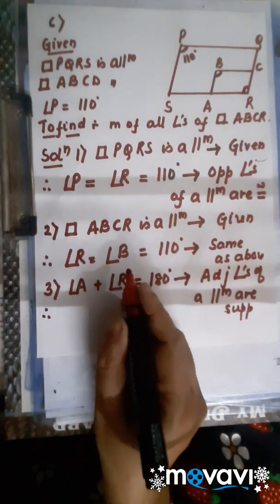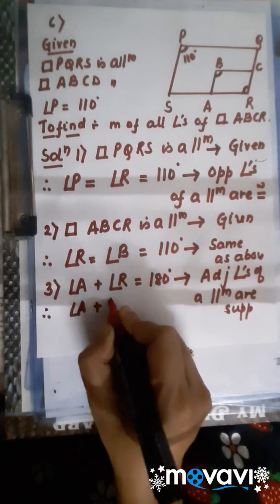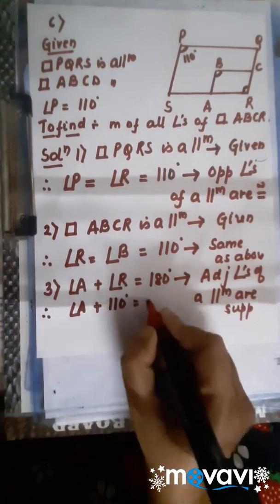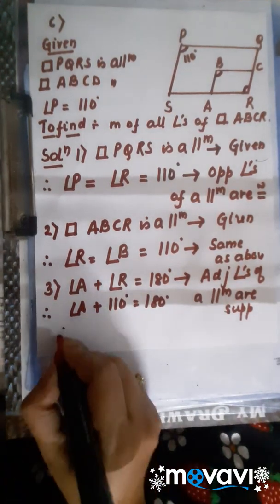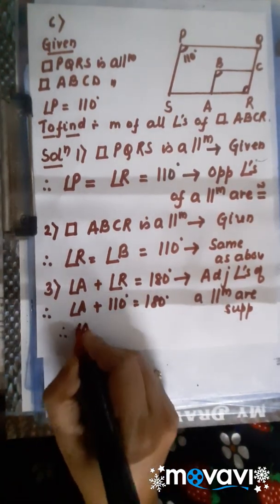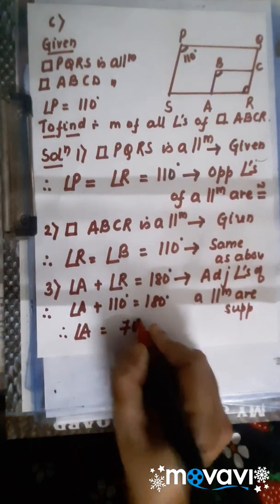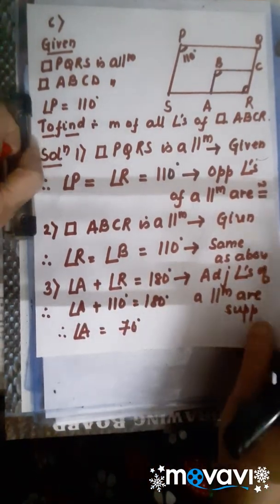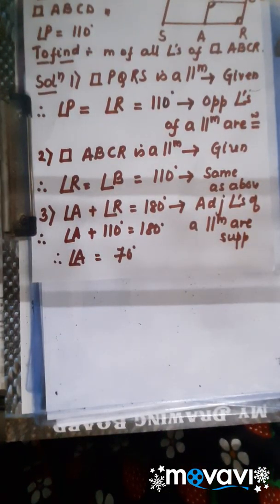Therefore, angle A plus 110 is equal to 180. Okay. Therefore, angle A is equal to 70 degrees. Correct.